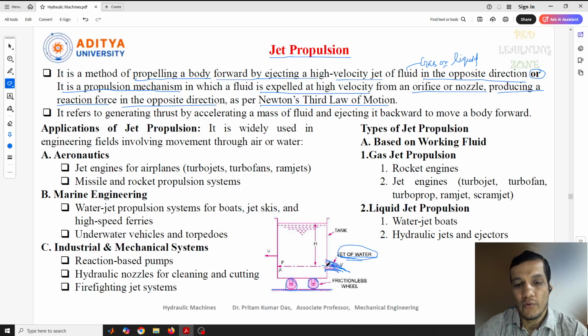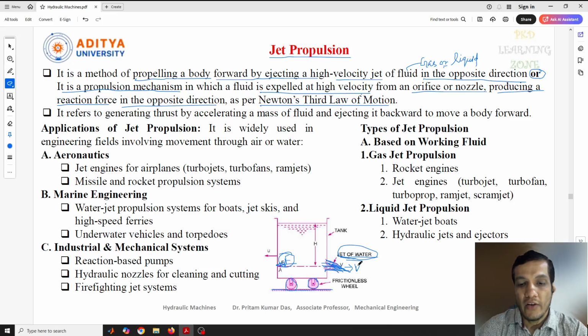Now the jet of water which is coming out from here will give an opposite reaction force. How much velocity the fluid has coming out from here defines how much movement there will be in the opposite direction. When the fluid comes out with a velocity, on the opposite side there will be an equal and opposite reaction, and that reaction is a force in the opposite direction.